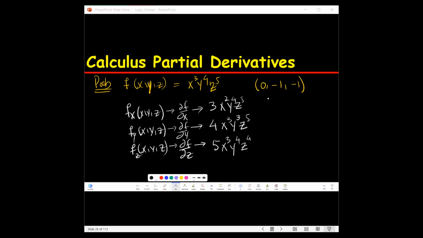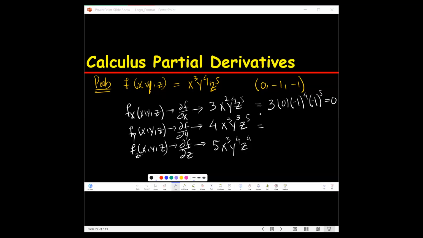Since the points are given, we can substitute the points and then find the values. Maybe you can write here 3 and 0, so everything becomes 0, right? I'm just going to write the first one so we can understand actually what I did here. But the answer is really 0.